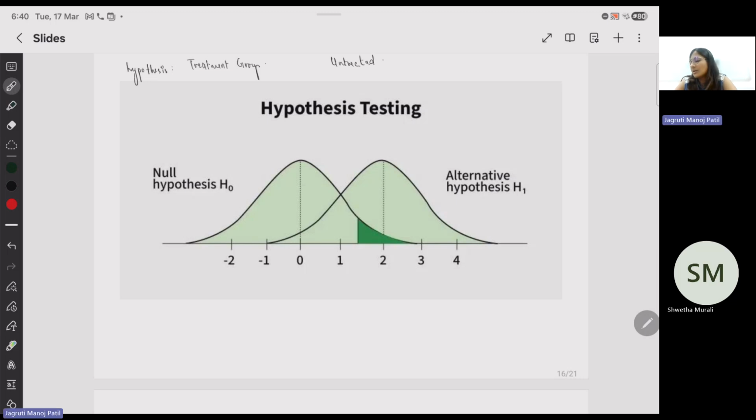Let's say the treatment is with a drug, and the other group has nothing. So I'm saying that my efficacy will increase in the treatment group more than the untreated group. Okay.